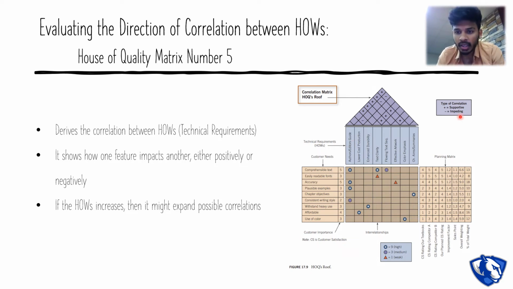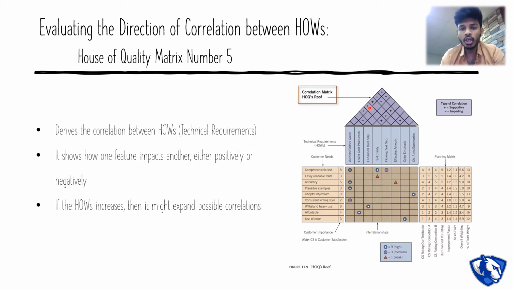If you could see here, we have two signs, plus and minus. Plus indicates supporting and minus indicates impeding. Between lower cost productivity and enhanced durability, we have a negative correlation. As I mentioned previously, if you need more durability, you have to invest more in your product. So that's how it was negative. When it comes to the author's guide and the text clarity, obviously if the guide is perfect, the clarity of the text will also be enhanced.